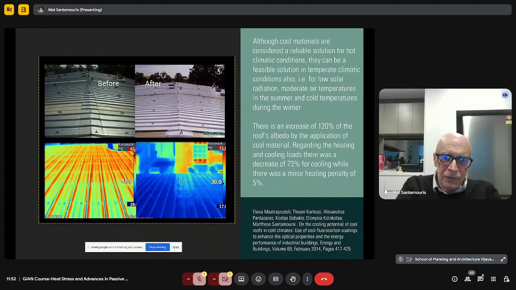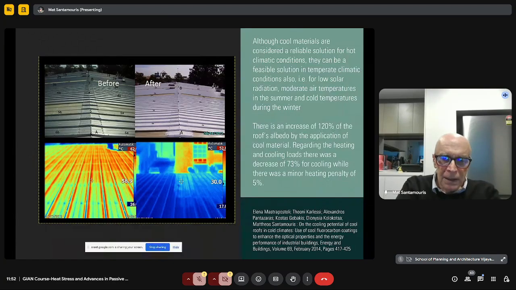During summer, temperature may be quite high, but during winter you may have temperatures which are below zero. So we installed a cool roof system on the roof of an industrial building. You see the visual image before and after, and the temperature before and after.